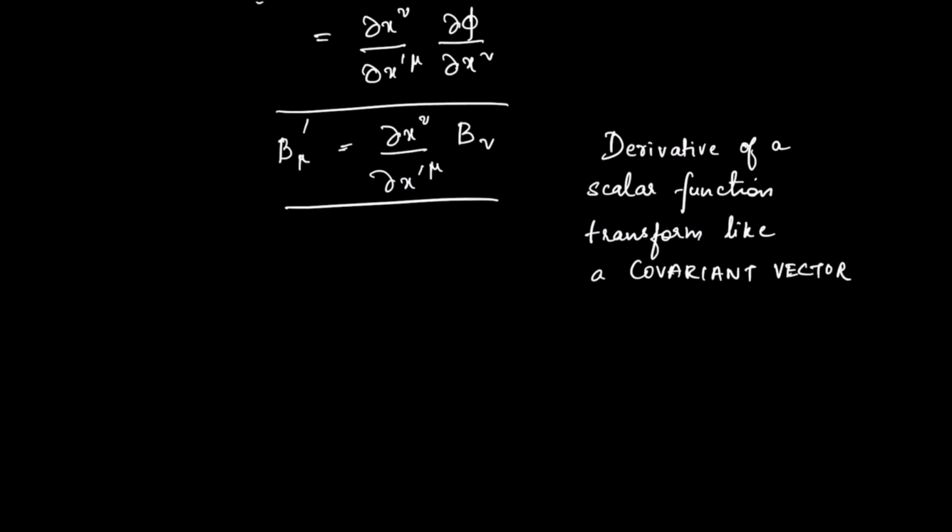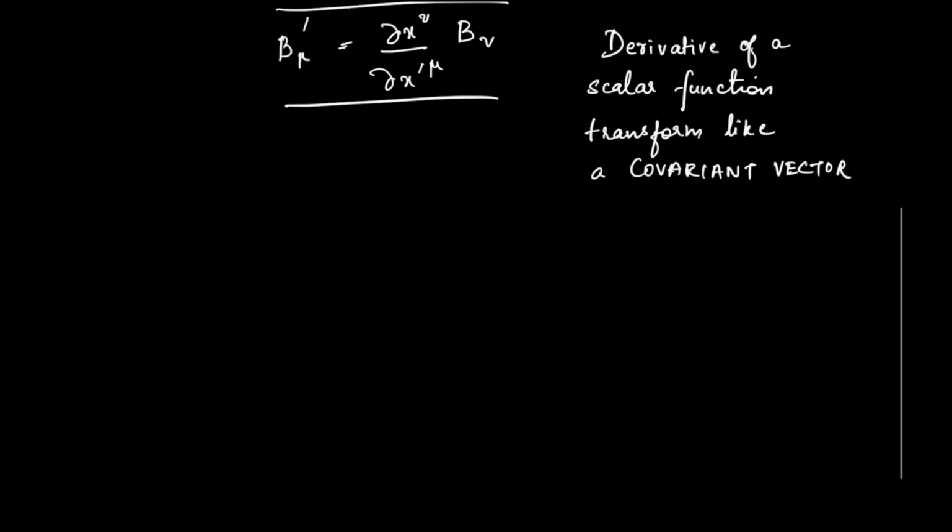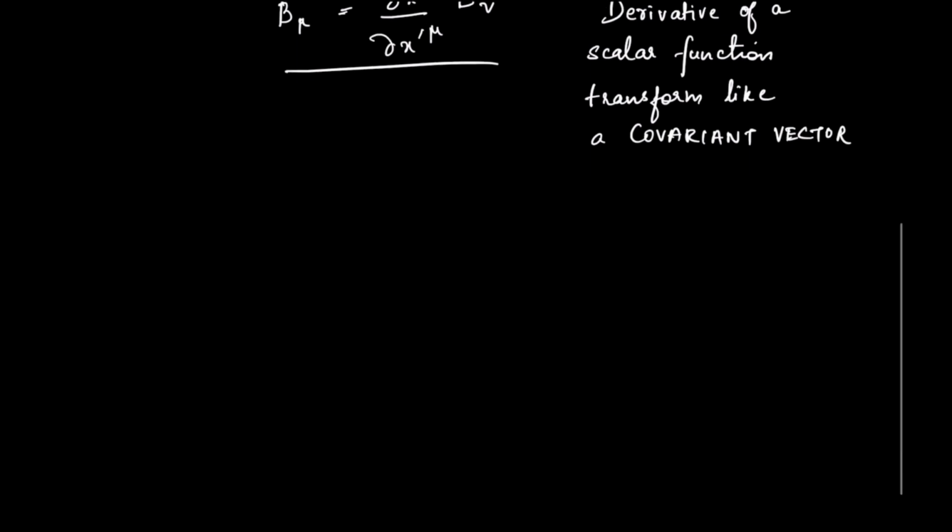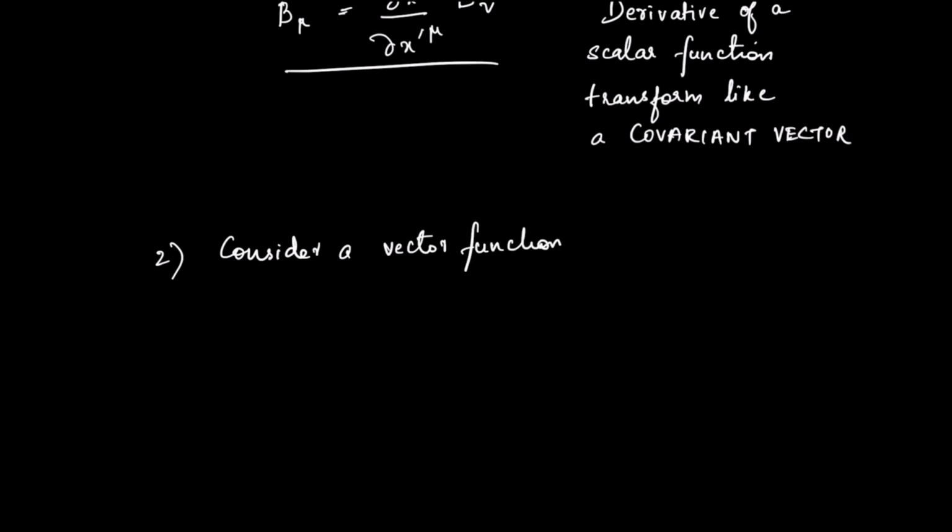Next we will see what will happen if I take the derivative of a vector function. Okay, so consider a vector function a mu of x lambda. Let it be a covariant vector.